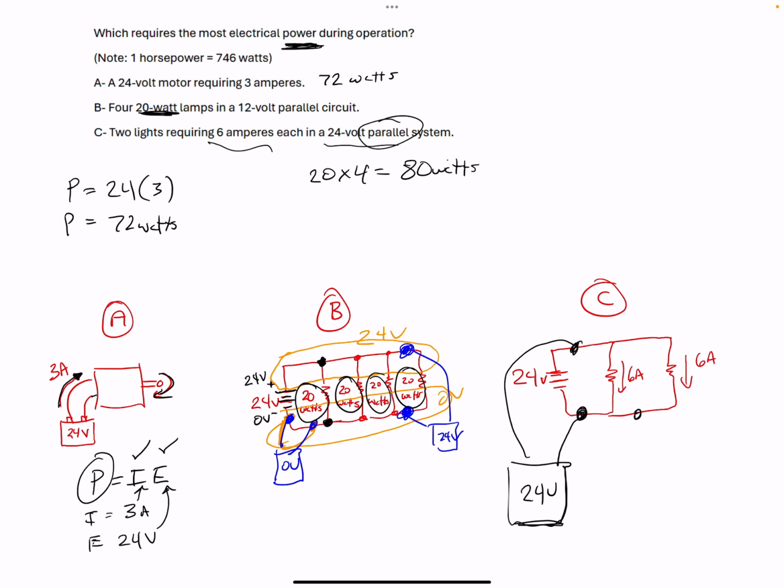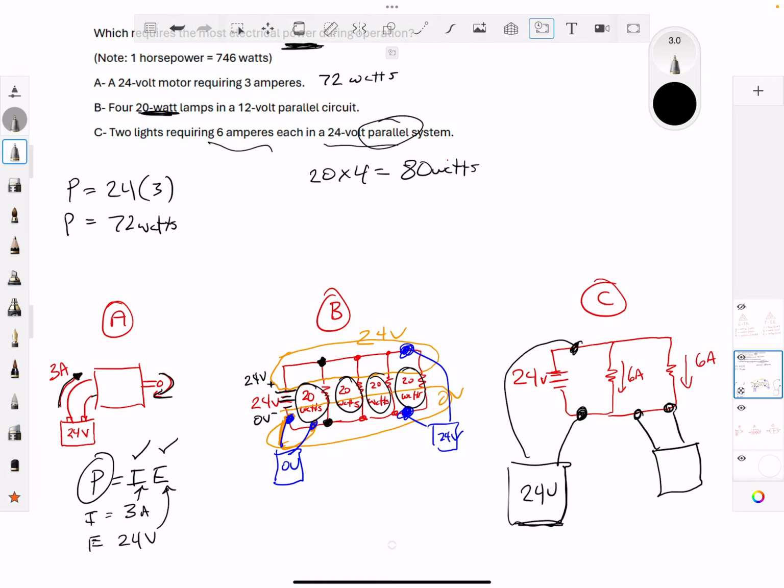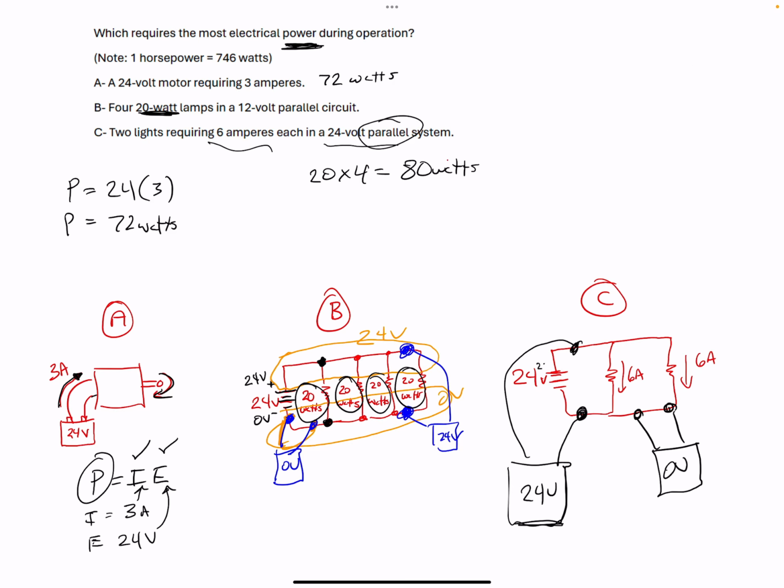If I put my multimeter here and here, my multimeter should read 0 volts. Again, this is the 24 volt side of the battery. This is the 0 volt side of the battery. Everything up here is going to be 24 volts. Everything down here is going to be 0 volts.